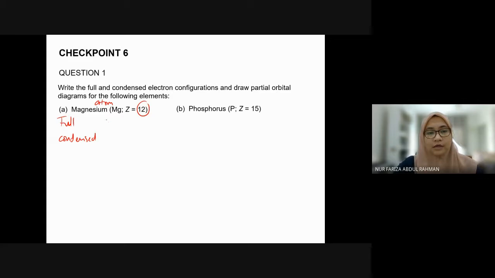So for the full electron configuration, it should be 1s2. If you are still not used to the sublevels or the orbitals, you need to use the aufbau, the staircase: 1s, 2s, 2p, 3s, 3p, 3d, 4s, 4p, 4d, 4f, and 5s, 5p, 5d, 5f, and so on.